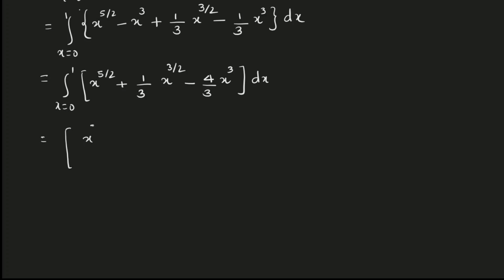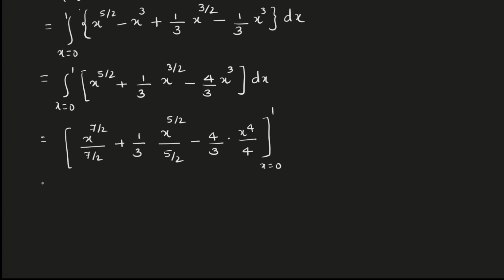So it is x raised to 7 by 2 whole divided by 7 by 2, plus 1 by 3, again x raised to 3 by 2 plus 1, so it is x raised to 5 by 2 divided by 5 by 2, minus 4 by 3 x raised to 4 divided by 4, limits from x equal to 0 to 1.